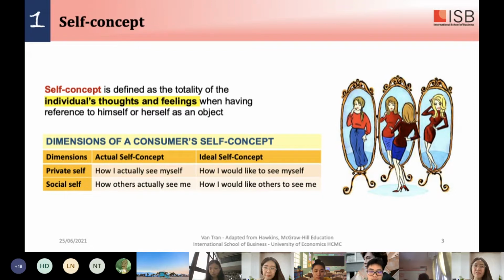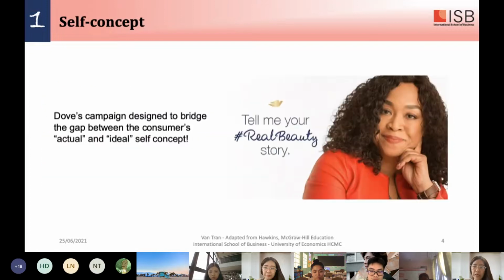And or help you express yourself, for example. So all of these are related to the gap between the actual and the ideal self-concept that the consumers may have. One of the campaigns that I see as quite interesting is also to bridge this gap.